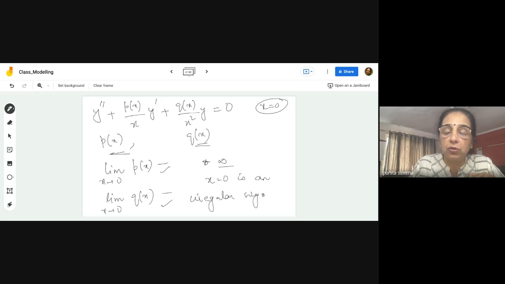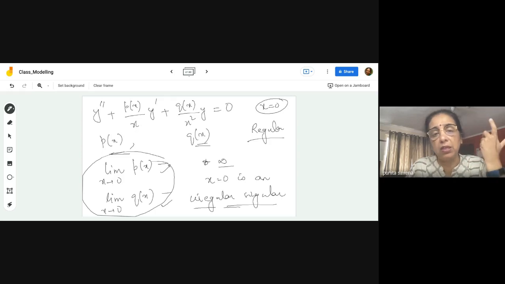But we are not interested in irregular singular points. We would be interested only in regular singular points. So what do we want? We want these limits to be finite or zero. Even if they're zero, it's okay, because that means they are polynomials or they converge to something. But they do not have to be infinity.